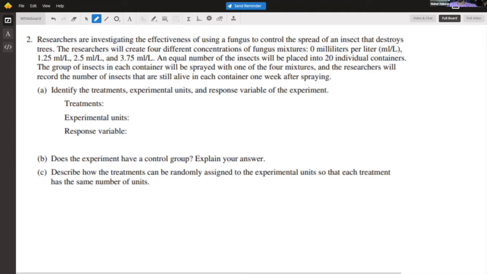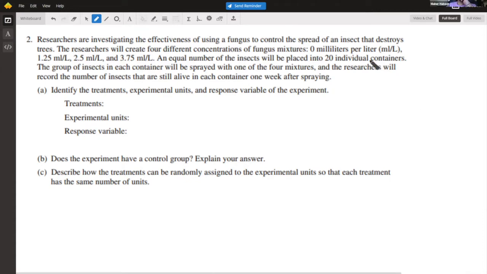What are the experimental units? Would that be the insects? No, this one was a tricky one. So would the experimental units just be the different fungus groups they're spraying it on? Different groups there's.